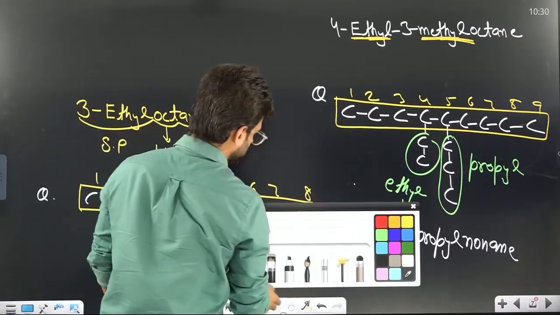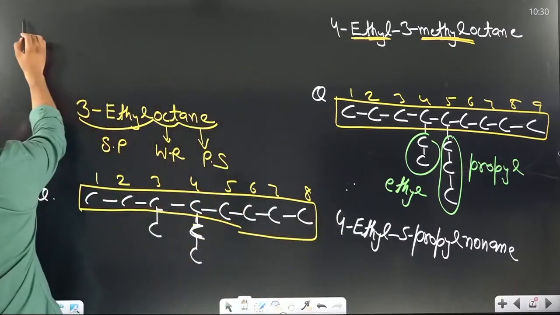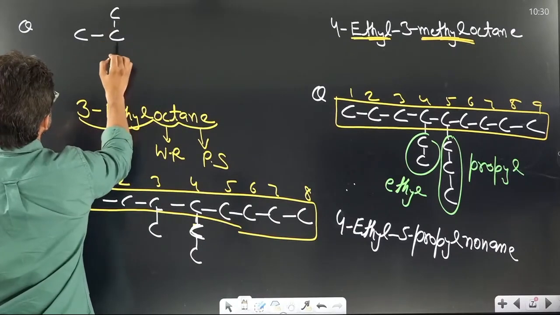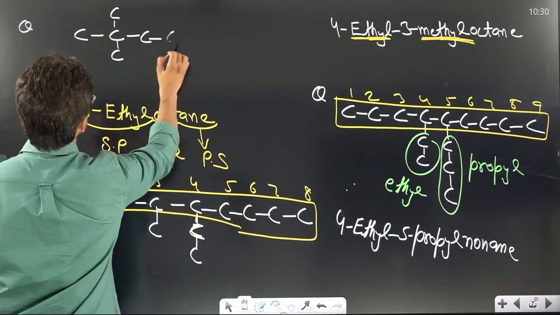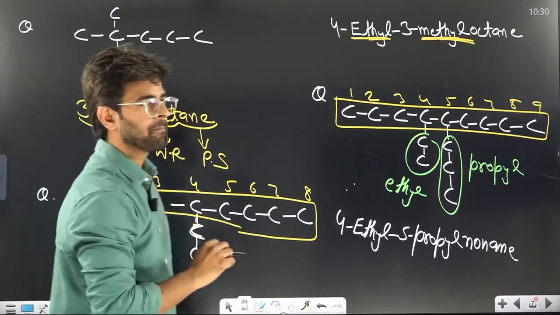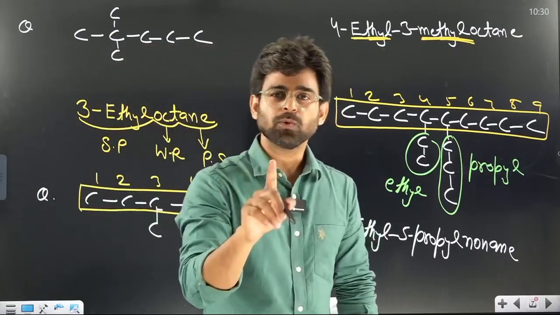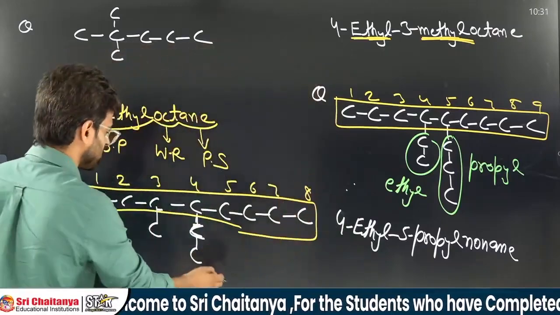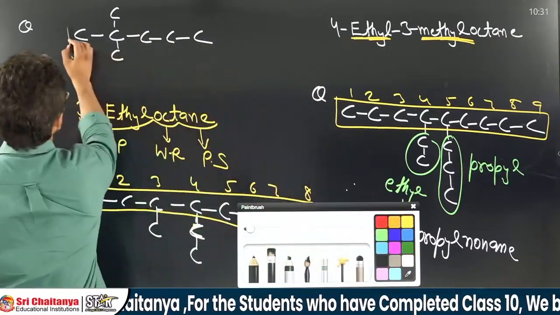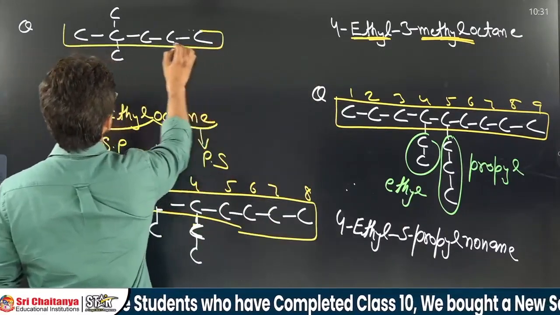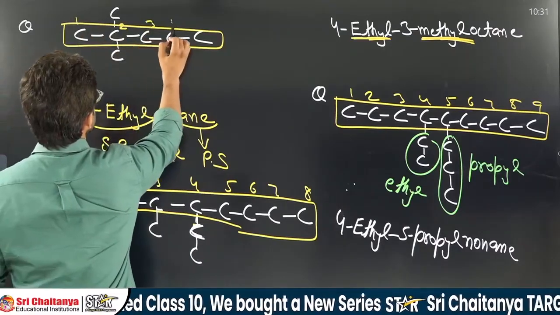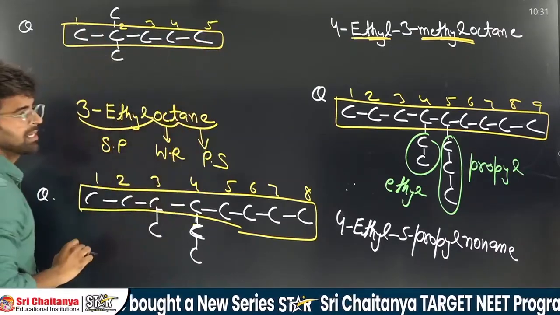Tomorrow we'll see questions from the PDF, right? Look at this. If you give this question the right answer, that means you know the topic. Now 2 methyl groups are present on the same carbon, so carefully give the answer. It is our main chain. 1, 2, 3, 4, 5.